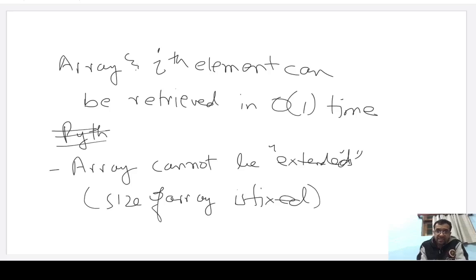But in languages like Python, so now let's come to the higher level languages. C is also a high level language, but Python is a higher level language, and even Java is slightly lower level than Python, but higher level than C or C++. So in languages like Python, you would have seen that the array can be extended.